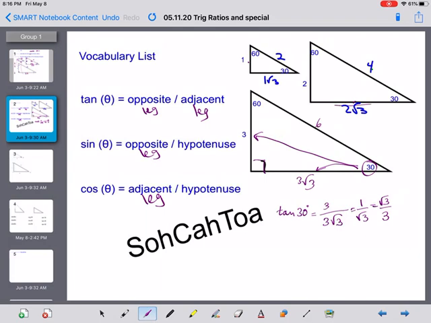Okay? That ratio will always be the same, and you can look at a different triangle. 2 over 2 radical 3. Oh, that simplifies to the same thing. 1 over radical 3 over 3.